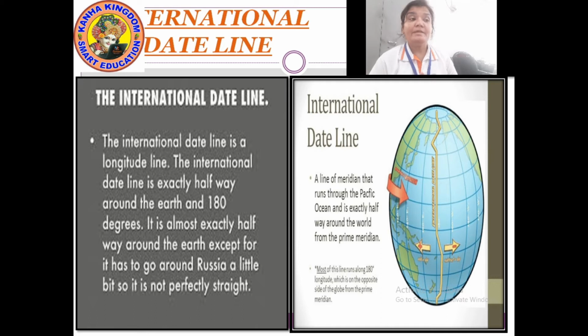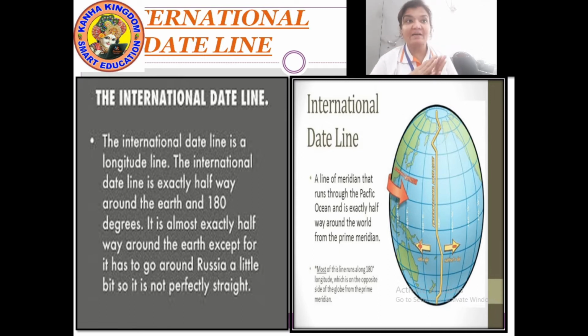It is exactly halfway around the Earth, exactly halfway, at 180 degrees. It is almost exactly half around the Earth, except it has to go around Russia. So, a little bit of it is not perfectly straight.